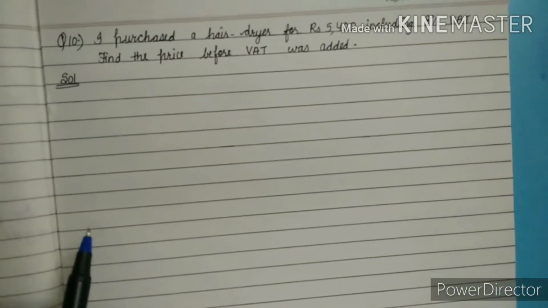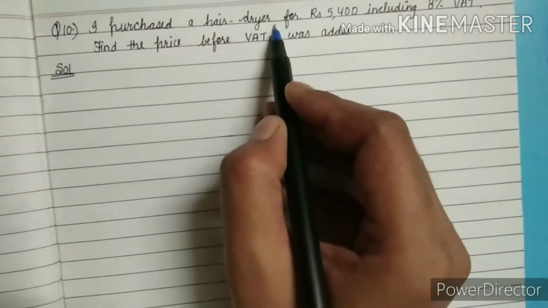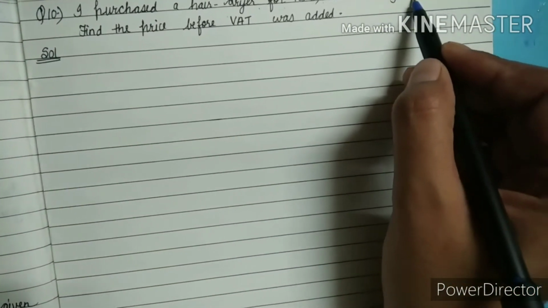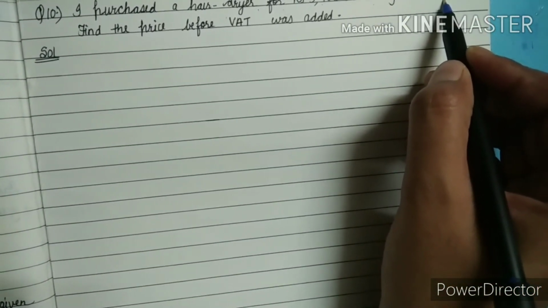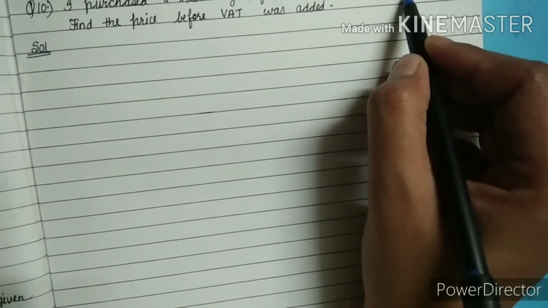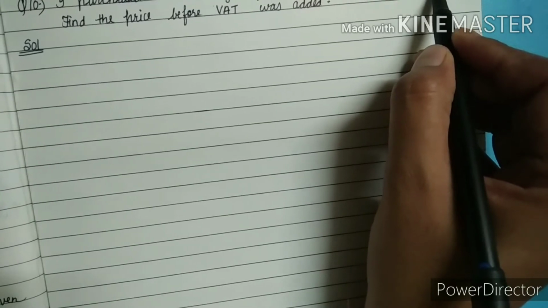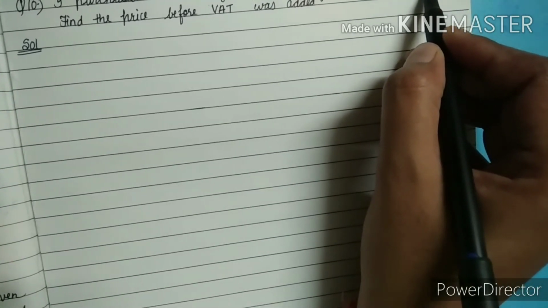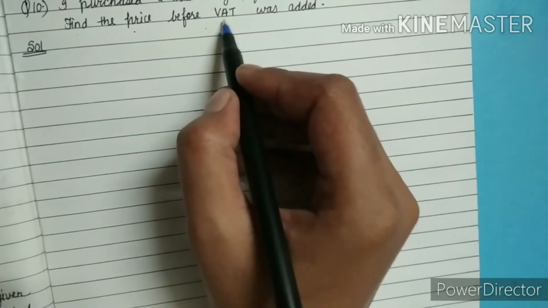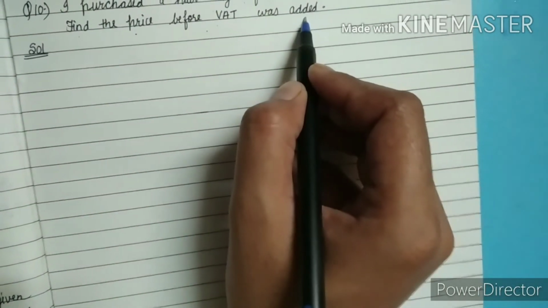Now the last question: I purchased a hair dryer for 5400 rupees including 8% VAT. It means the 5400 already includes 8% value added tax. Find the price before value added tax was added.